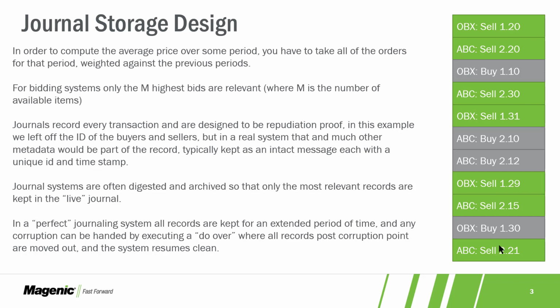And usually what happens is that these journals, in order to keep them relatively small, and I say relatively because if you have 100 million trades a day, that's still a pretty good sized journal table. And you may even want to consider breaking out your journal by partitioning so that a particular issue or item or collection of items gets a different journal file to keep the vertical height of the journal file fairly small.